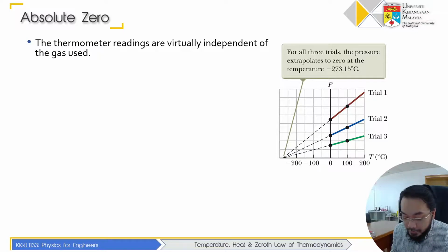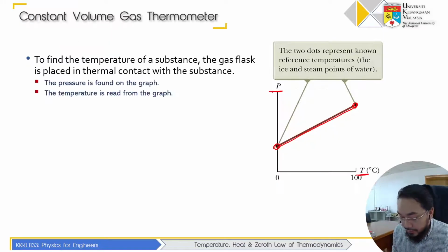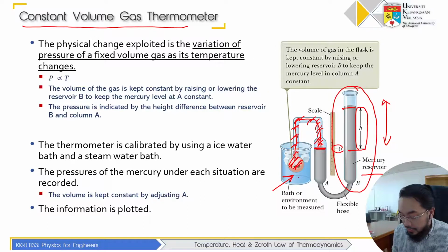The thermometer readings are virtually independent of the gas used. What does it mean? If the lines of various gases are extended, the pressure is always 0 when the temperature is at minus 273.15. So in this gas thermometer, you can change the type of gas you put inside the column. And the rate at which the pressure changes with temperature for different types of gas is different.